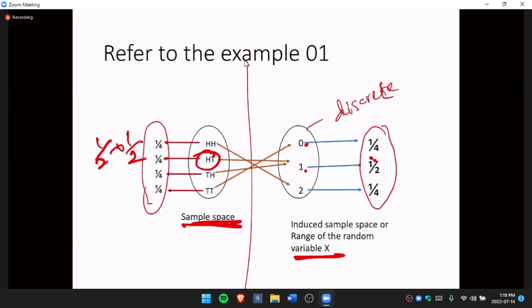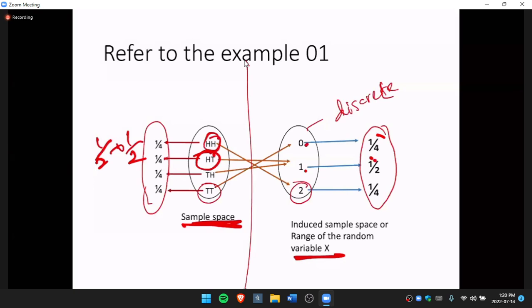Why? 0 is mapped with the element TT. The probability of getting TT is 1 over 4. If you consider the value 2, the probability of getting 2 is 1 over 4, because 2 is mapped to the element HH.